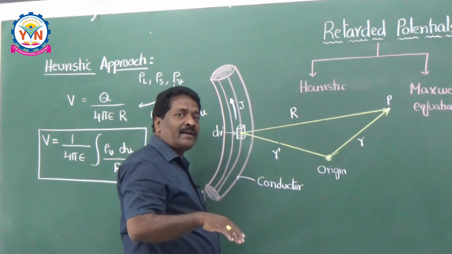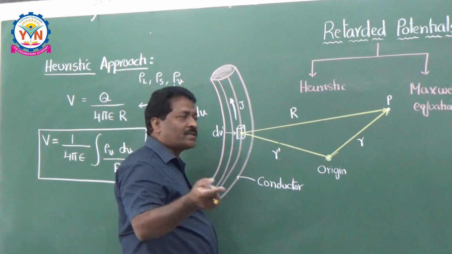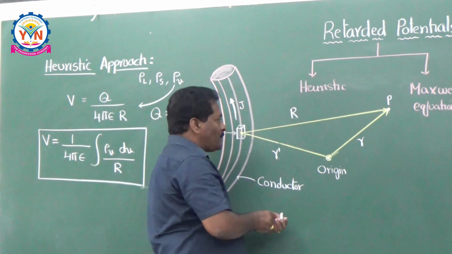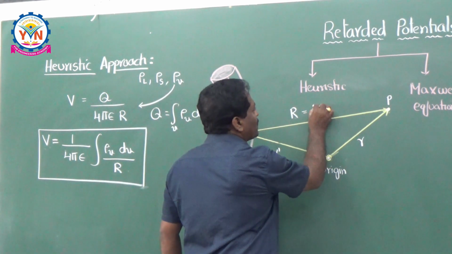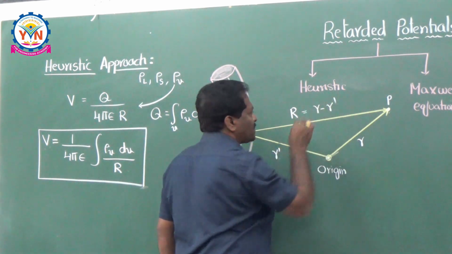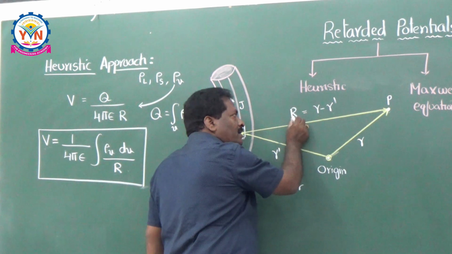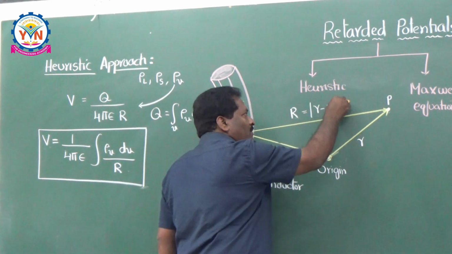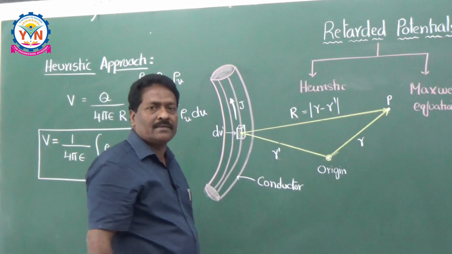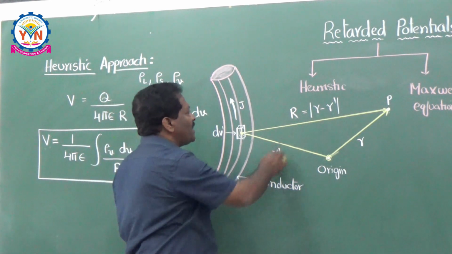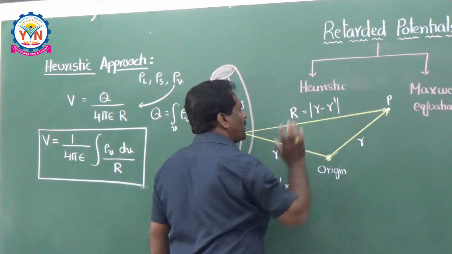But our requirement is the distance between the source and observation point. It is capital R. Capital R is equal to r minus r dash, and R is nothing but the magnitude of this. So this is the distance between the source and observation point here.